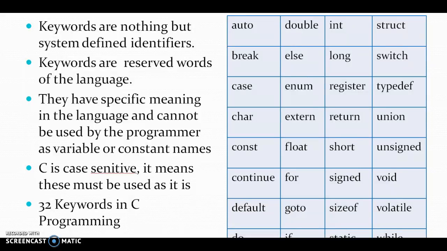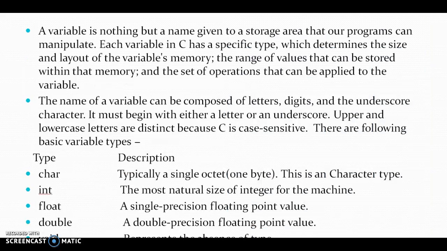So we go to the next slide. A variable is nothing but a name given to a storage area that our programs can manipulate. Each variable in C has a specific type, which determines the size and layout of the variable's memory, the range of values that can be stored within that memory, and the set of operations that can be applied to that variable.